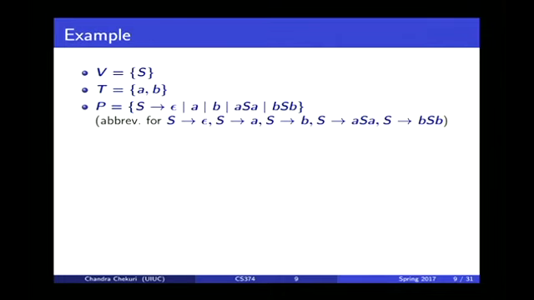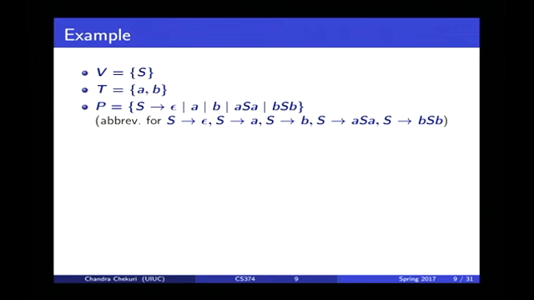Here is a grammar. There's only one non-terminal, S. Remember, it has to have at least one non-terminal, the start symbol. And there are 2 terminals; the alphabet is a and b. And what are the production rules? S goes to epsilon, or it can go to a, or it can go to b, or it can go to aSa or bSb.